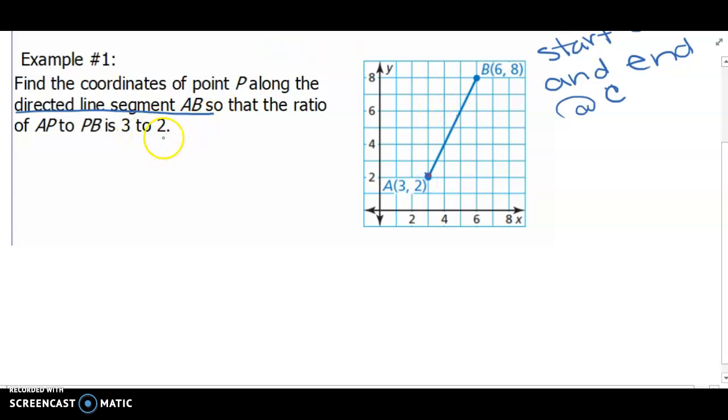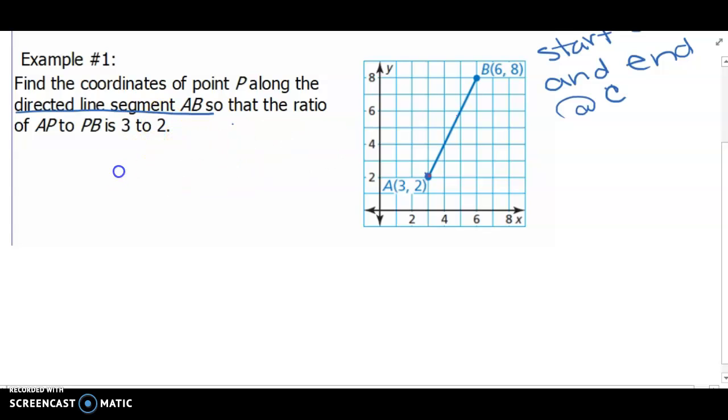So if we had a line, and we're going to pretend these are equal pieces, this would be like 1, 2, 3 pieces, 1, 2. So something like right here would cut this into a 3:2 ratio.